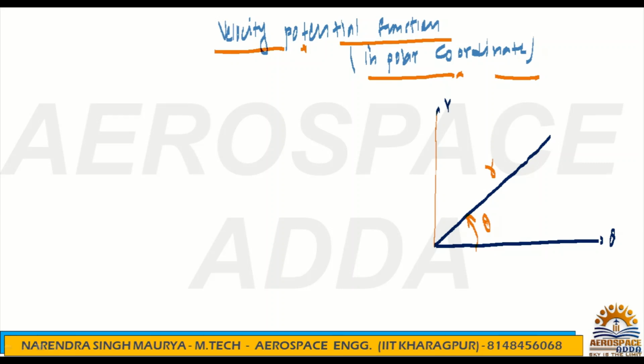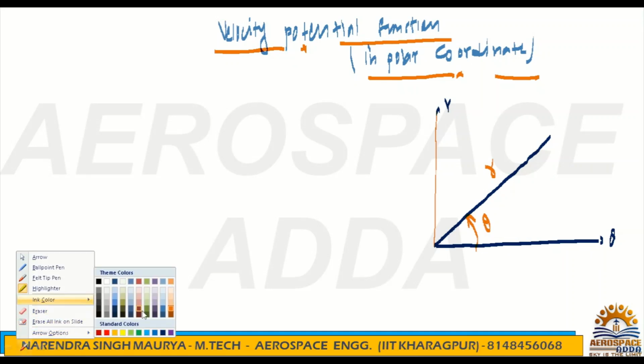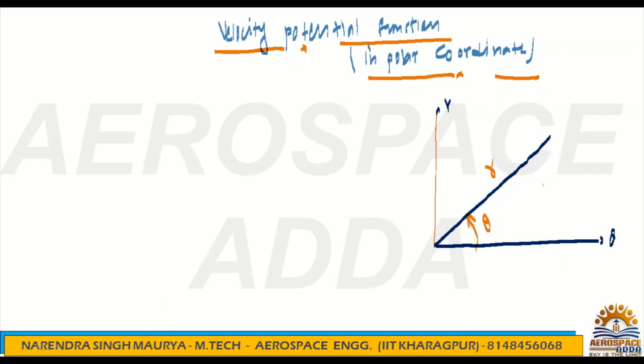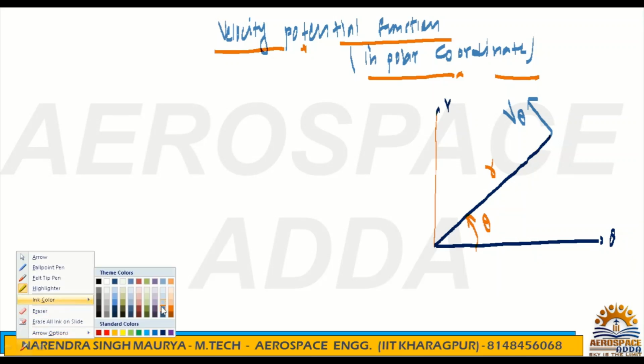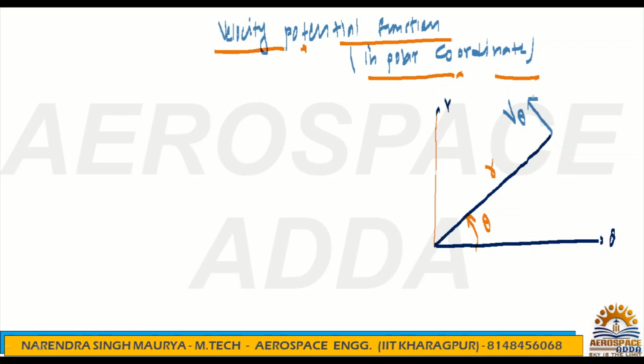So in polar coordinates also we can write the velocity potential function. Where will the tangential velocity be? It will be in the direction of theta. So this is the direction of theta, so this is v theta here. Where is vr? It is parallel to the radial direction, so you have to draw it parallel to the radial direction.